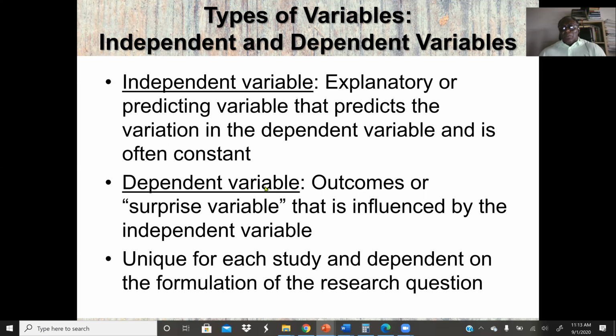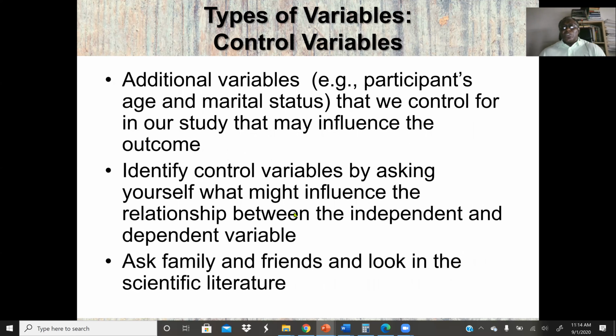But the dependent variable is the outcome, or response variable, that is influenced by the independent variable. So getting lung cancer will depend on my input of cigarette smoking. They are unique for each study and dependent on the formulation of the research question.